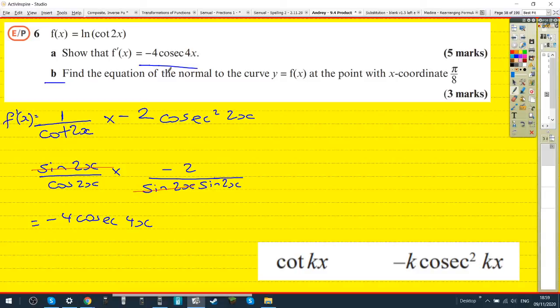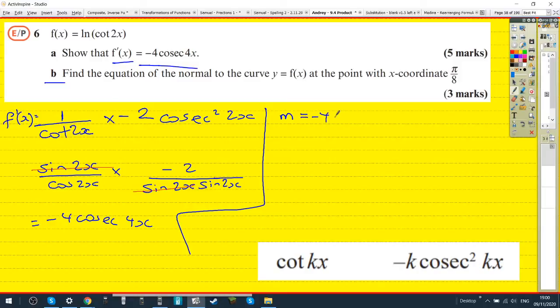So part B, find the equation of the normal. How would you find the equation of the normal? Minus 1 over m of the gradient. Yeah, how would you get the gradient? Differentiation. Yeah. So we just did that. And so that will be sub in pi over 8 into the x value.